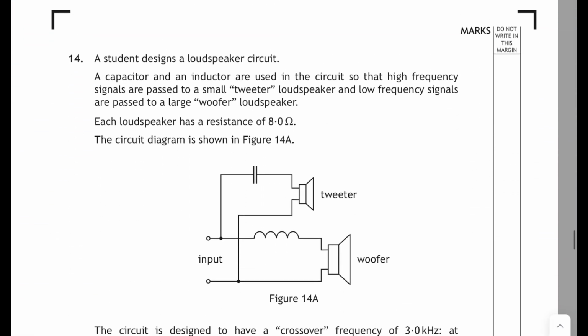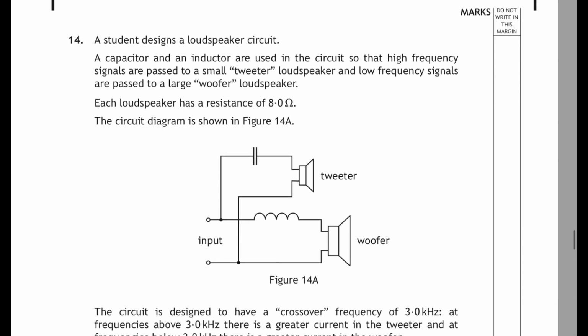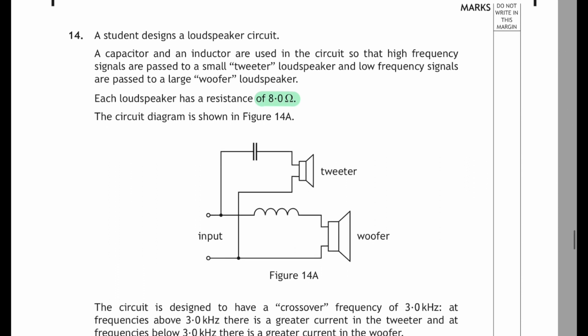Alright, moving on. We're sticking with the same question paper because question 14 is on capacitors and inductors as well. A student designs a loudspeaker circuit. A capacitor and an inductor are used in the circuit so that high frequency signals are passed to a small tweeter loudspeaker and low frequency signals are passed to a large woofer loudspeaker, and each loudspeaker has a resistance of 8 ohms, and the circuit diagram is shown in figure 14a.